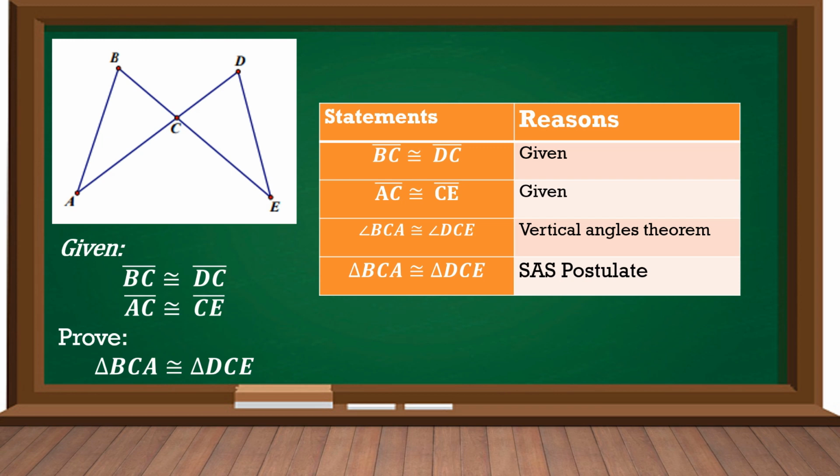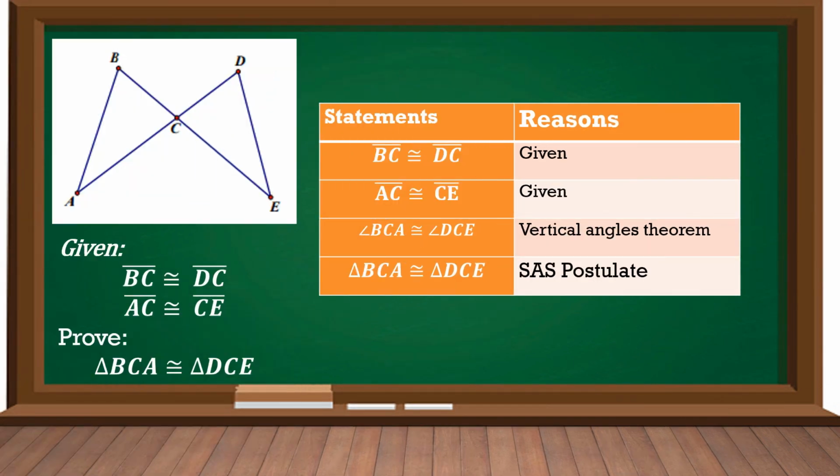We can also say that angle BCA is congruent to angle DCE, that is based on the vertical angles theorem, which says that vertical angles are congruent. Now the last statement is triangle BCA is congruent to triangle DCE according to side angle side postulate or side angle side congruence postulate.